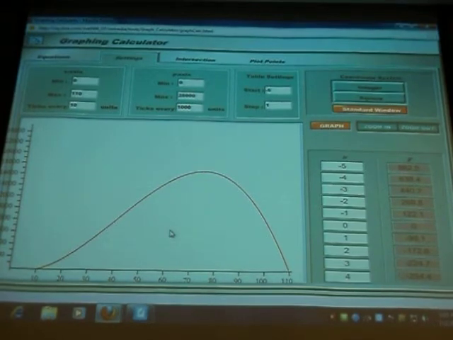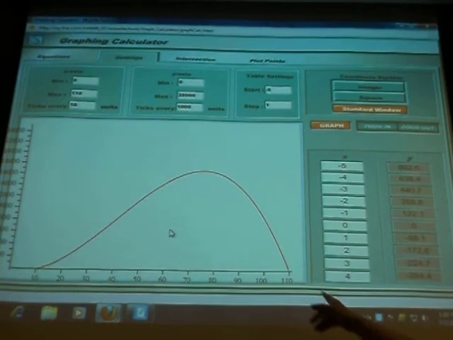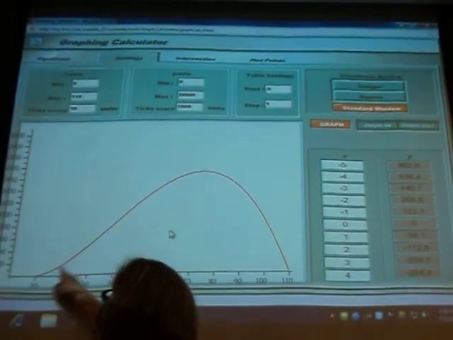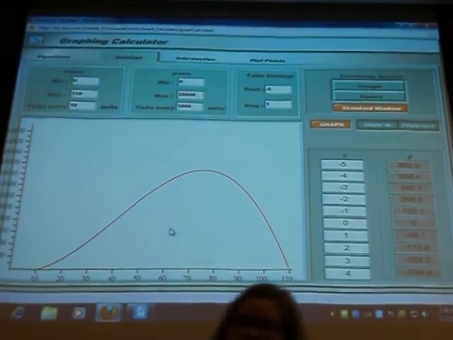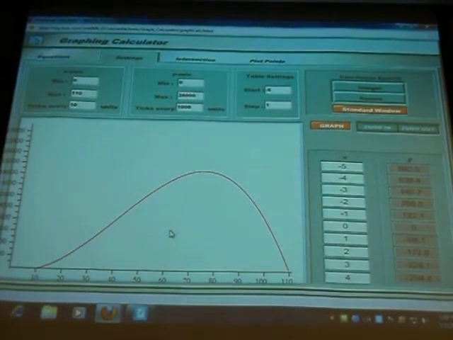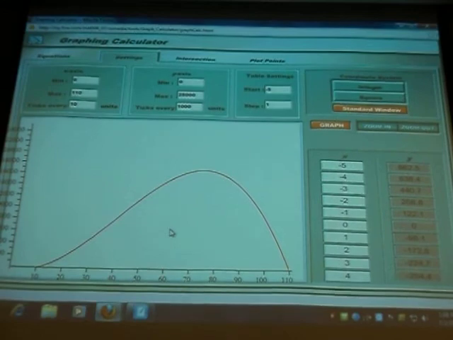Okay, so it looks like I come up from the axis at about 10. Kind of a guessing game here.